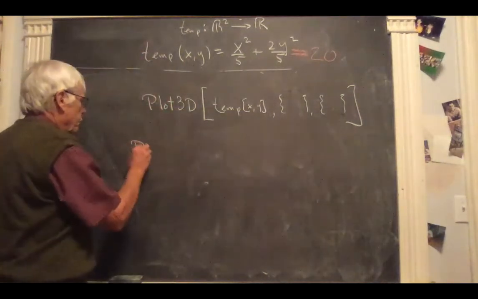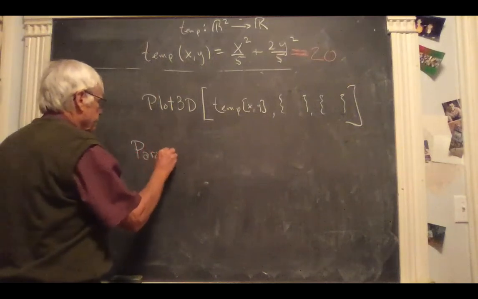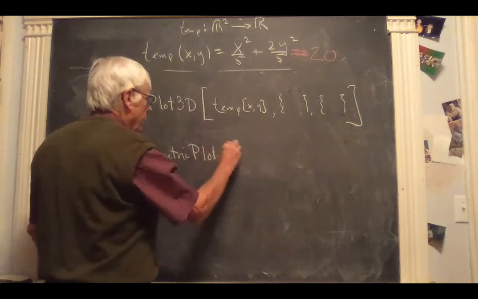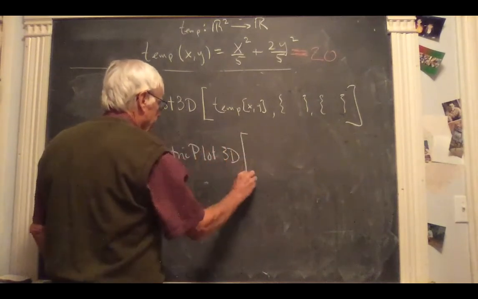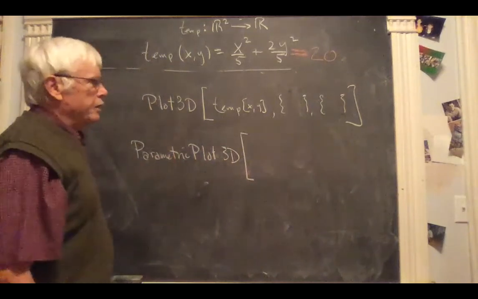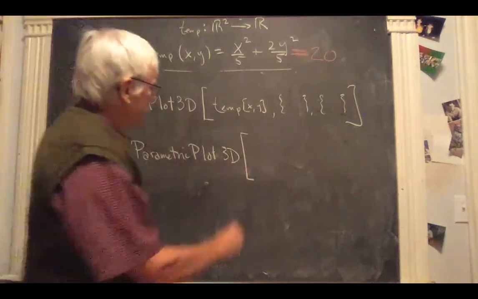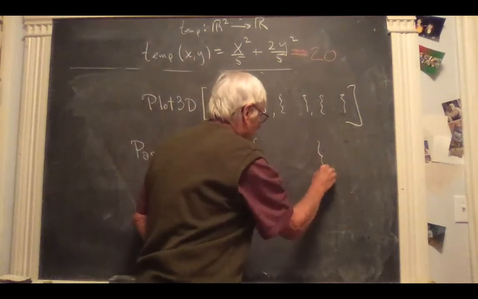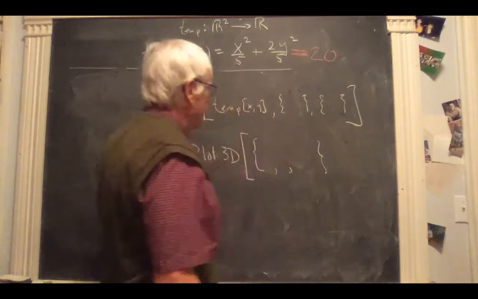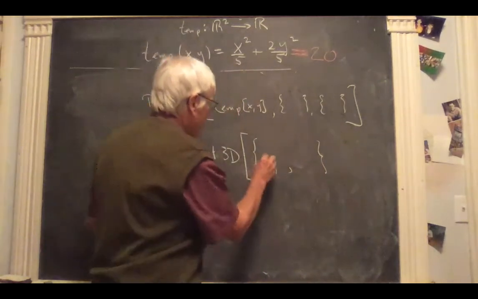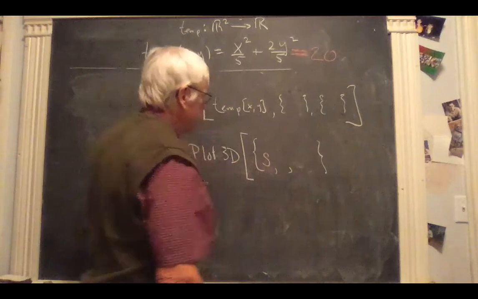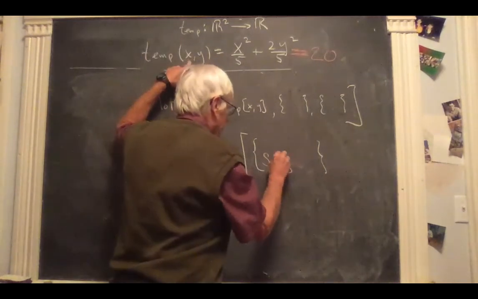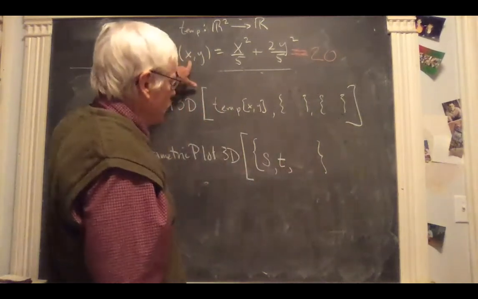We can also use ParametricPlot. Because the graph is in 3 dimensions, it's ParametricPlot3D. And now this is a little different. We're going to plot 3-dimensional objects. So we're going to have an x, a y, and a z. For my first parametric variable, I'm going to use just plain old s, and for my second parametric variable, I'll use plain old t.